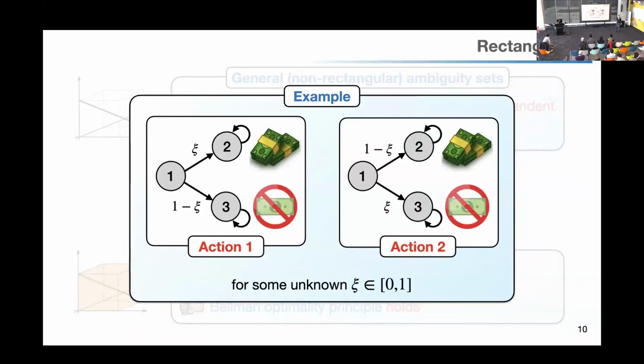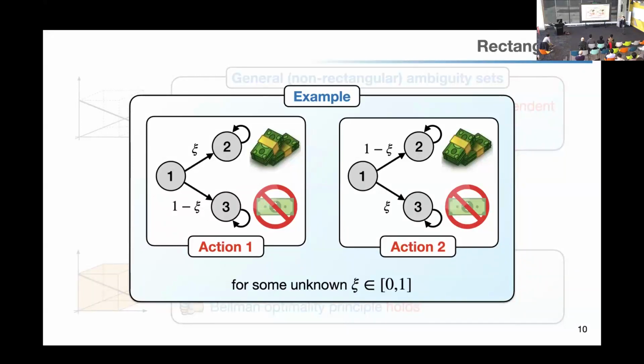And we can influence our luck by choosing either action 1, which is the left action, or action 2, which is the right action. The problem is we don't know the transition probabilities to the nice state. It is psi under action 1 and 1 minus psi under action 2, but psi can take any value between 0 and 1.